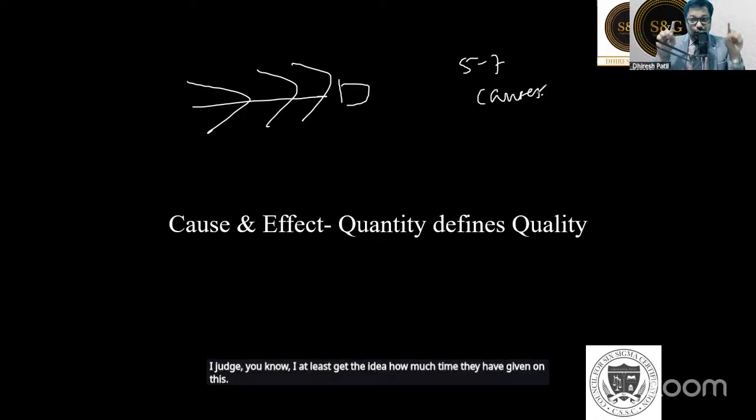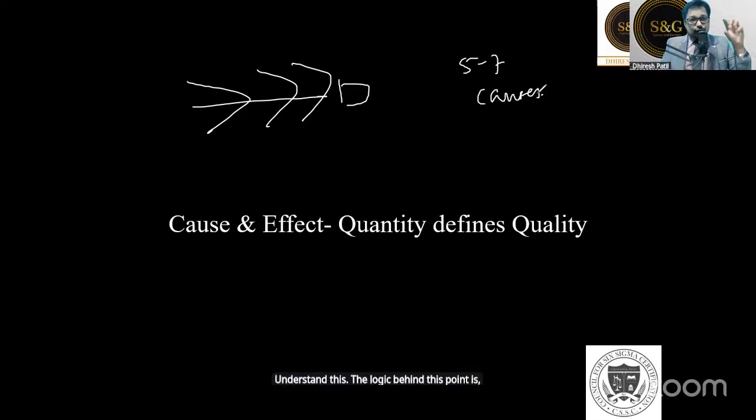Understand this. The logic behind this point is, from the fishbone quantity, whether my fish is an actual fish or a dried fish, that will define how much actual time they have given.